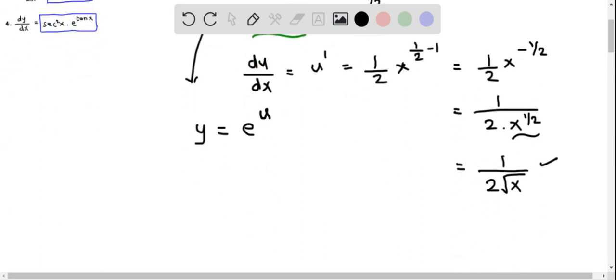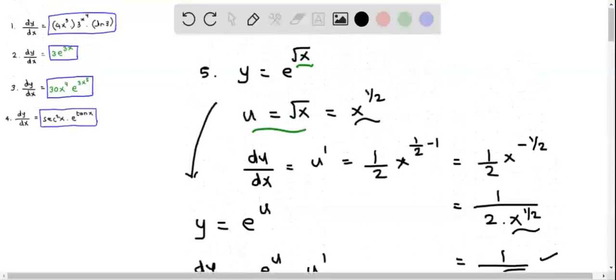So we can find its derivative, that is we are differentiating with respect to x. So dy by dx equals, we should apply the chain rule after differentiating e power u. The differentiation of e power u is e power u times the derivative of u, u prime. And so we replace u by root x.